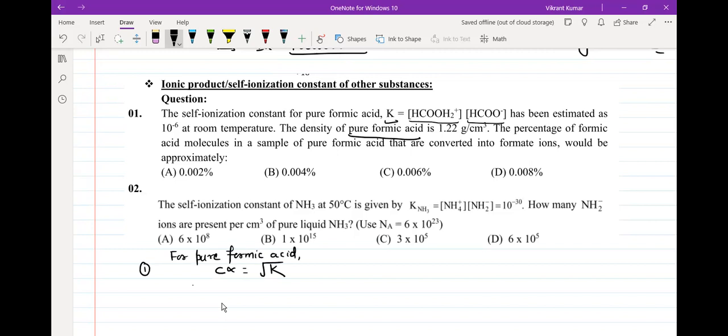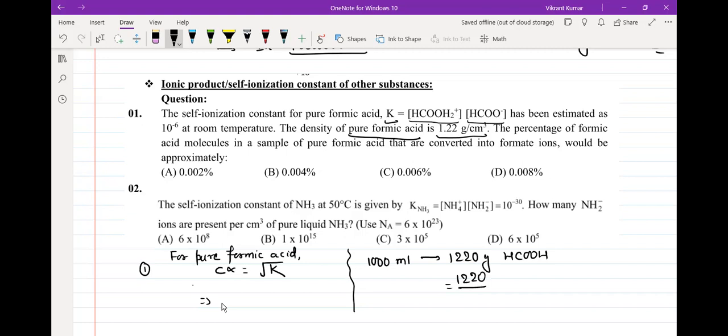Okay, and then if I have to know the alpha, I need to know the value of C. And that's why first we need to calculate the C, and they have given you the density. And density says cm cube is nothing but ml only. So 1000 ml will have 1220 gram of formic acid. If this much formic acid is there, how many moles of formic acid will be there?